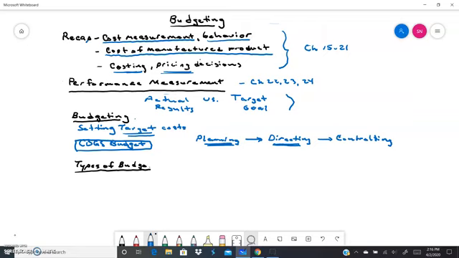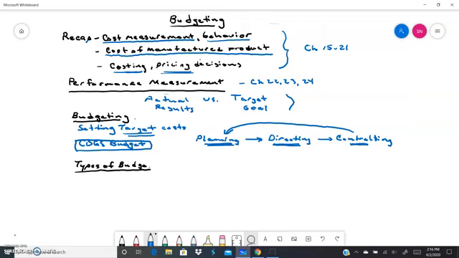And then controlling is, of course, then measuring. How are we doing relative to the plans? And then again, that really provides feedback into the planning process, because depending on how we're doing, that's going to alter the planning process and the budgeting process as we go forward.